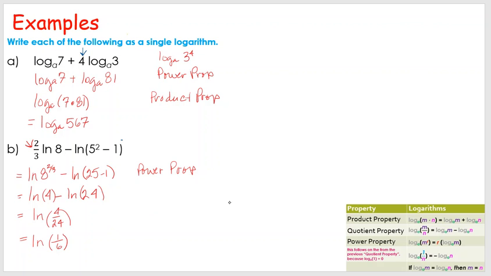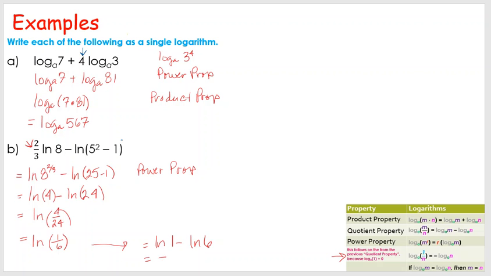And remember our property right here, it says if I ever have 1 over a number, then it becomes a negative log. So since I'm running out of room at the bottom, I'm going to change this to natural log of 1 minus a natural log of 6.